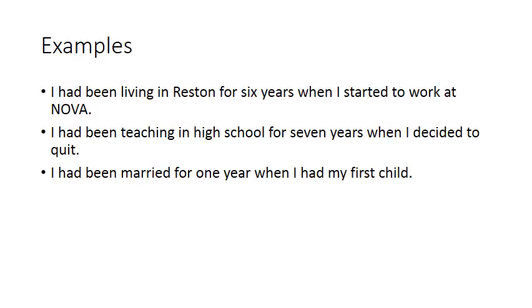So this one, I had been married for 1 year when I had my first child. This is not the progressive. We'll notice that rather than having I had been marrying, we have I had been married. So in this case, this is just the past perfect, not the past perfect progressive.